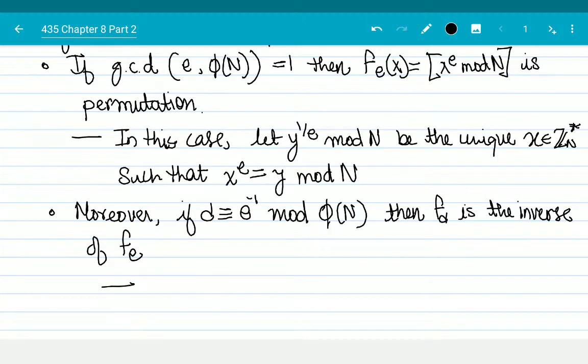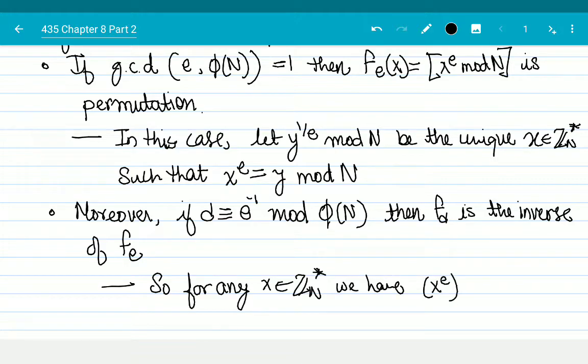In which case, for any x in Zn star, we have x to the e to the d is equal to x mod n.